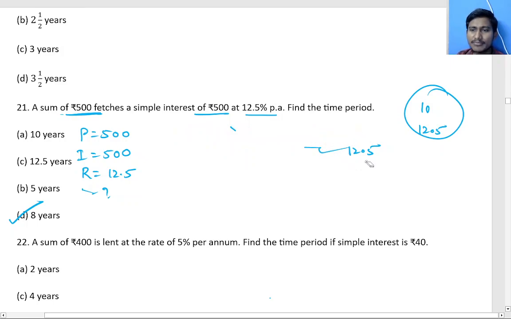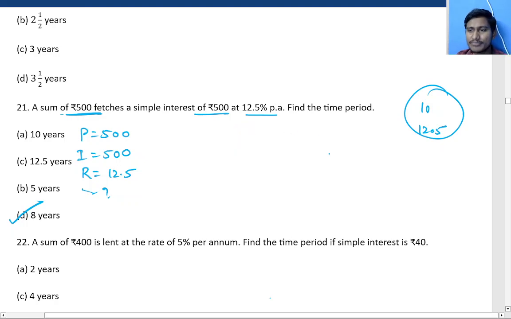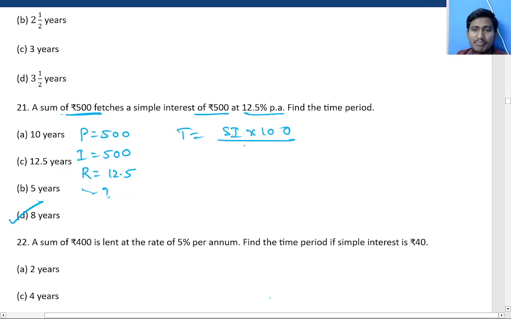So see here, once again I will write. Time is simple interest into 100 divided by PR. Simple interest is 500 into 100 divided by principal is also 500 into 12.5, right?